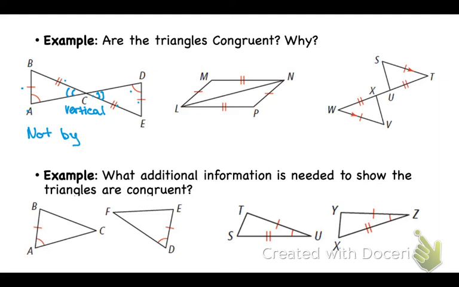What's our other one? SSS. No, SSA. SAS, side, angle, side. Just say the words when you write it. It's not by side, side, side, and it's not by side, angle, side, but we don't know all of them yet, do we?